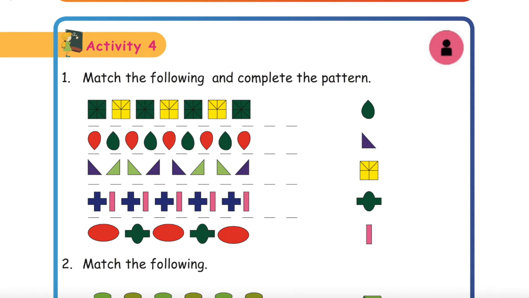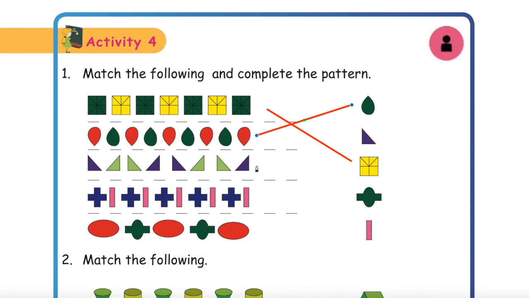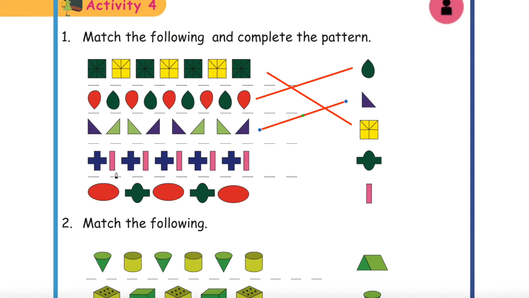That is a good question. After this, yellow has to come. This is here. What about this green here? Keep it here. Match the triangle. This triangle has to come. What about this plus, plus, plus?